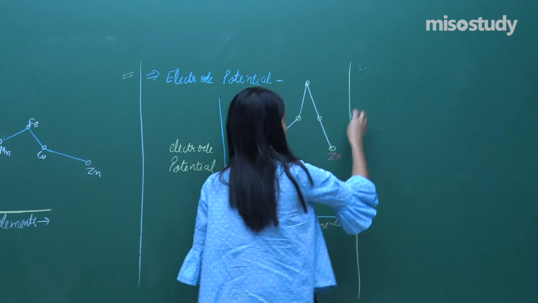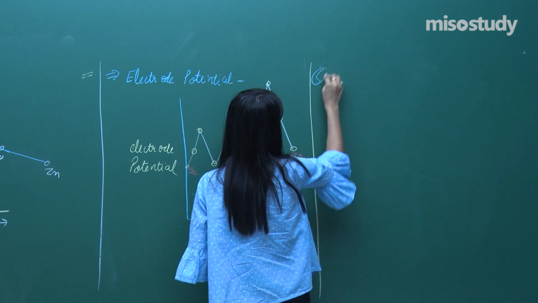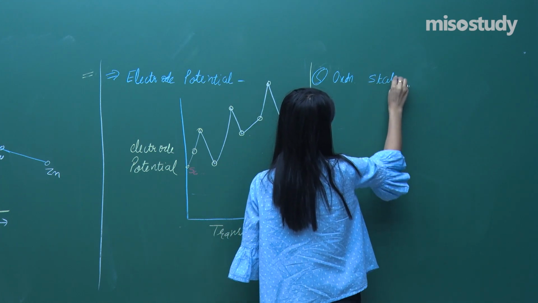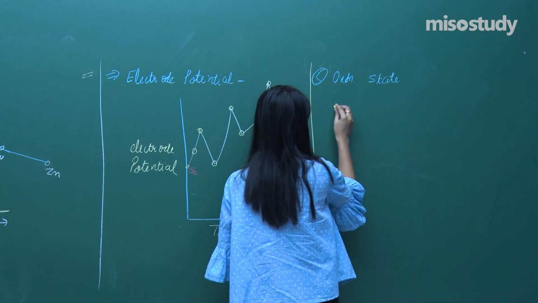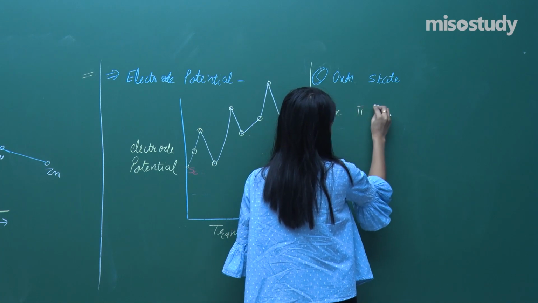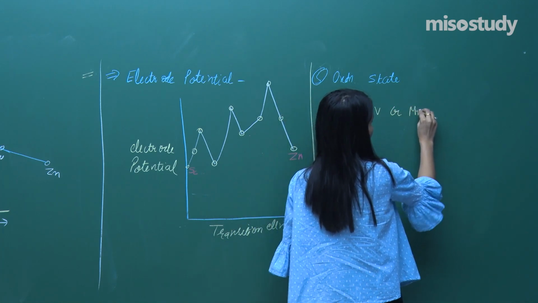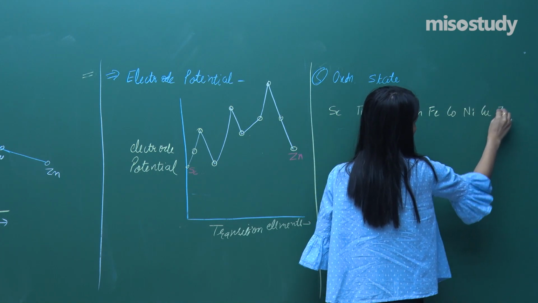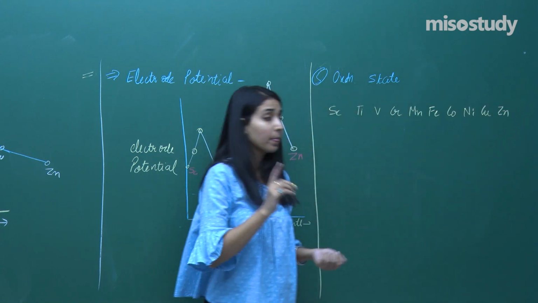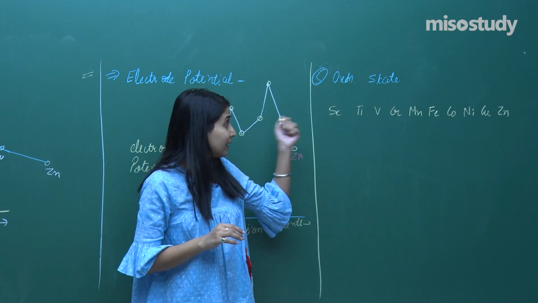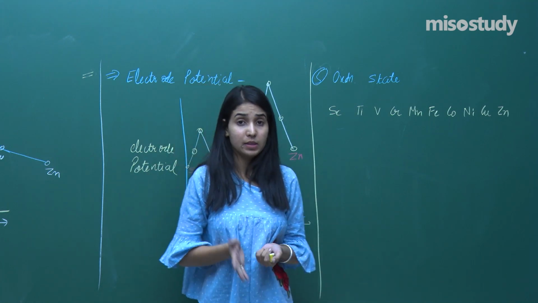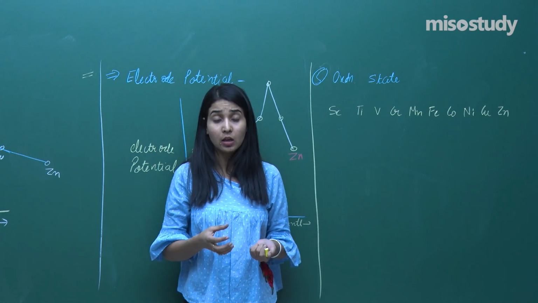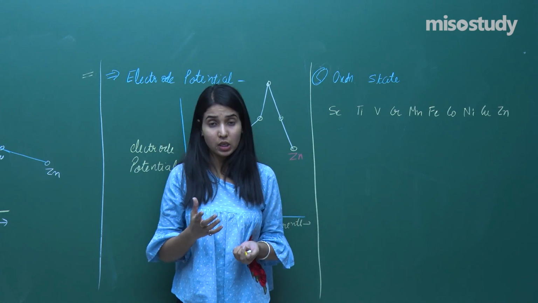Another property, if I discuss with you, now if I say oxidation states, and I write down scandium, titanium, vanadium, chromium, manganese, iron, cobalt, nickel, copper and zinc. Now we will observe that the d and f block elements, that is my transition elements, have the particular tendency to exhibit variable oxidation states.